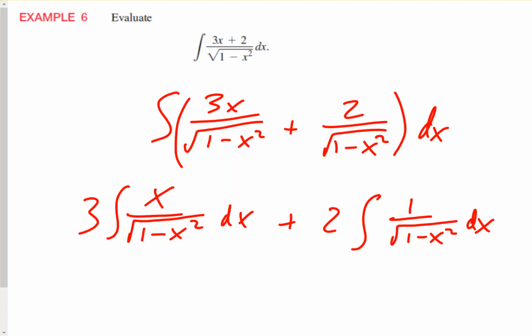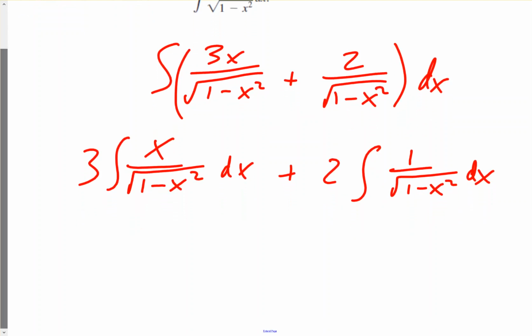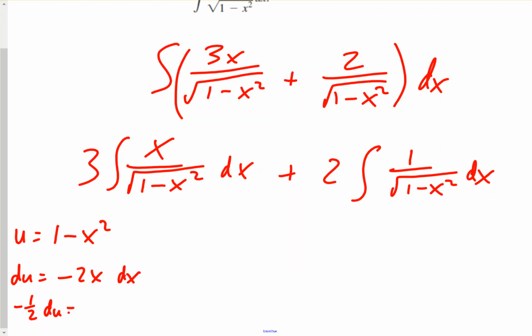We could do a little u substitution on the left. If I said u was equal to 1 minus x squared, then my du would be negative 2x. So now I don't have that negative 2 there. If I just solve for x dx, I would divide by -2, which is the same as saying -1/2 du equals x dx.